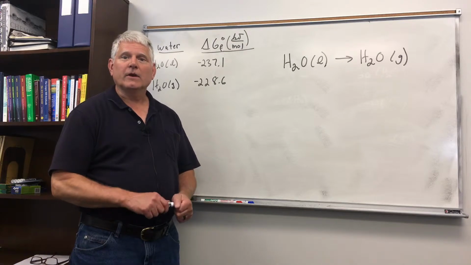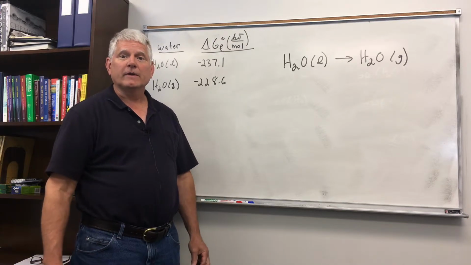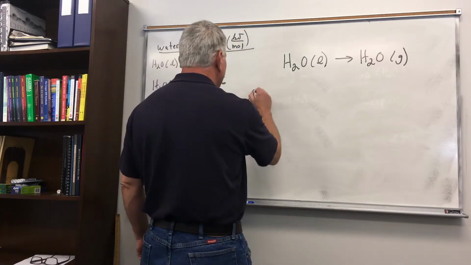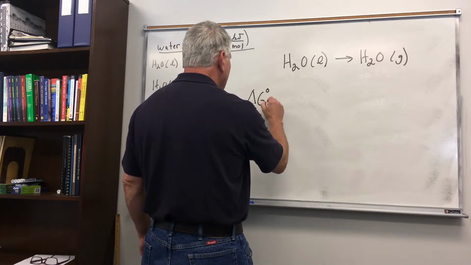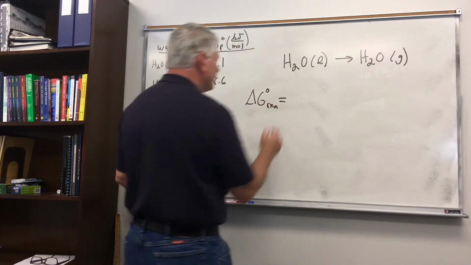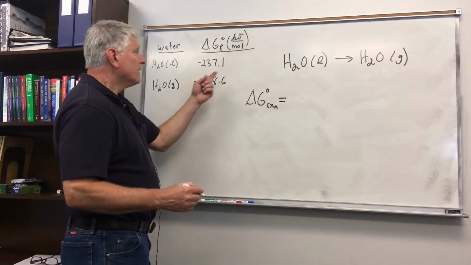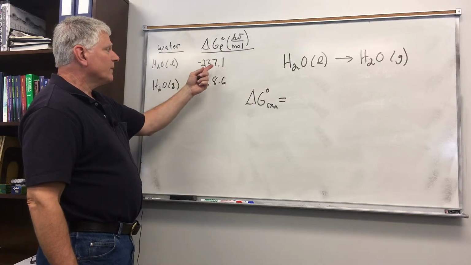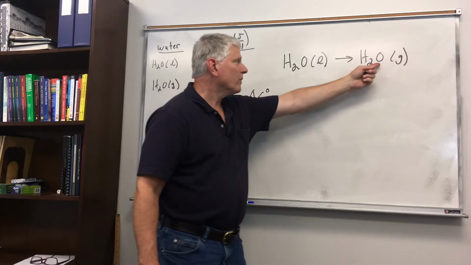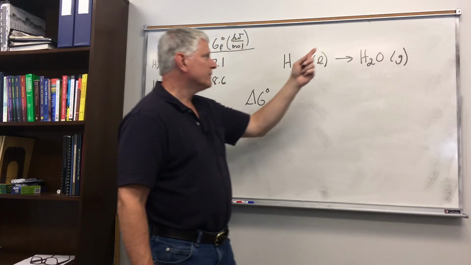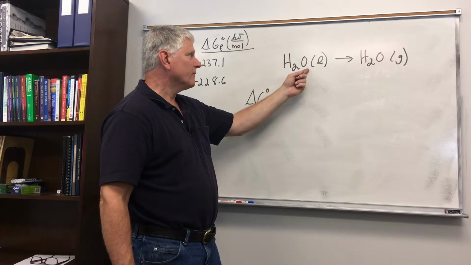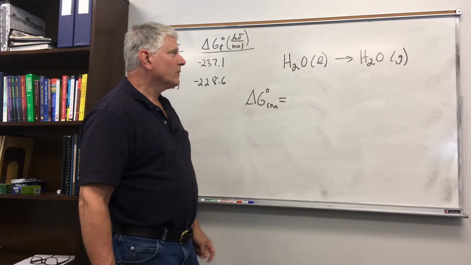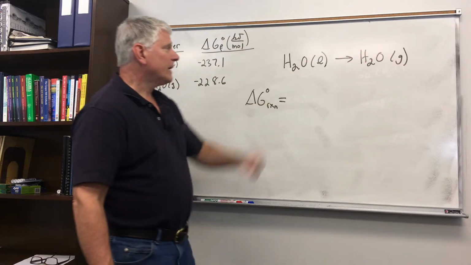So let's look at the delta G for the evaporation of water. For this reaction, which is vaporization, we go to a table and look up the Gibbs free energy of formation for water in the gas phase and subtract the Gibbs free energy of formation of water in the liquid phase, product minus reactant.